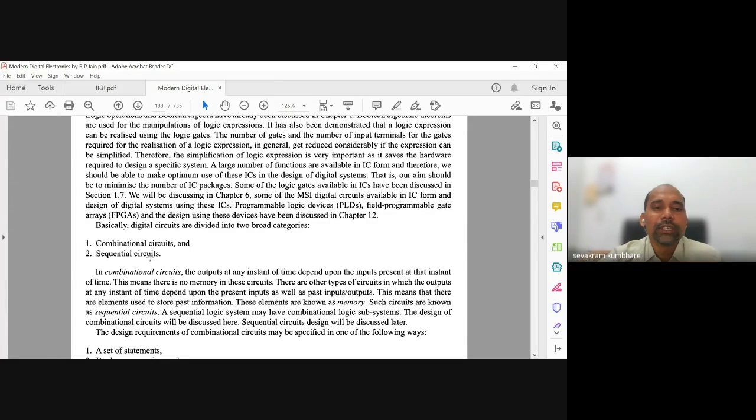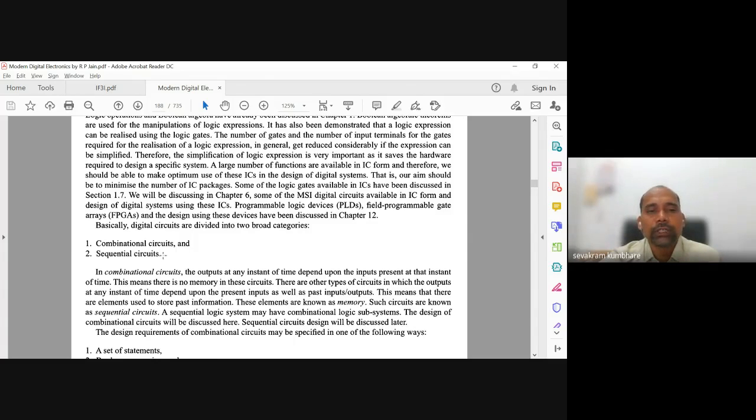Whereas in a sequential circuit, if I want output right now, the output will be dependent on the current input, whatever input is applied right now, as well as the previous inputs or outputs. So if I want the previous input and output, then I need a memory to remember what the previous input or output was. So in a sequential circuit, a memory element is required for remembering the previous input or output.